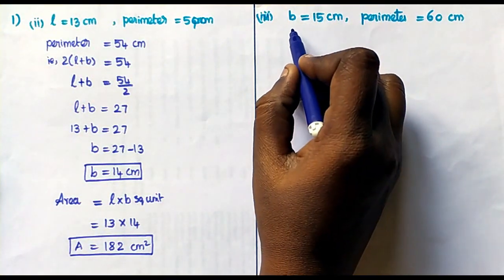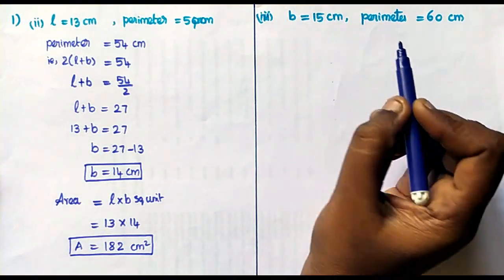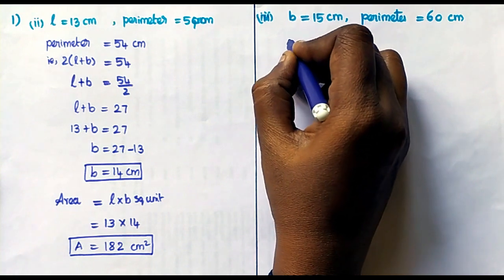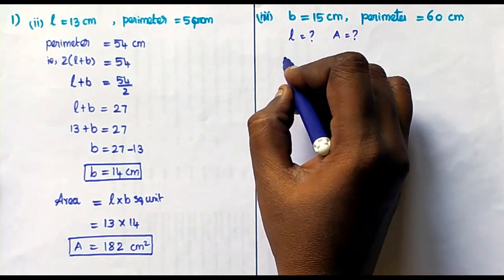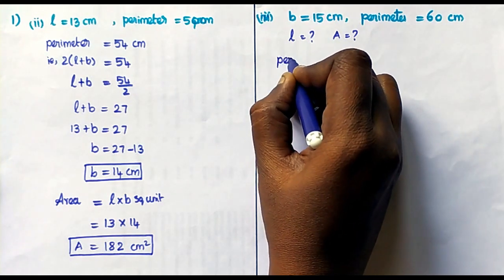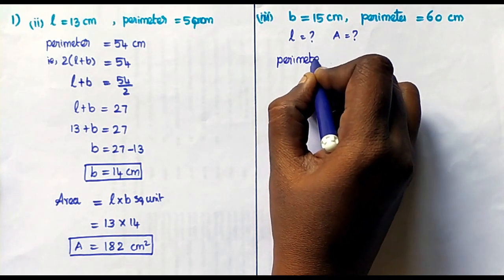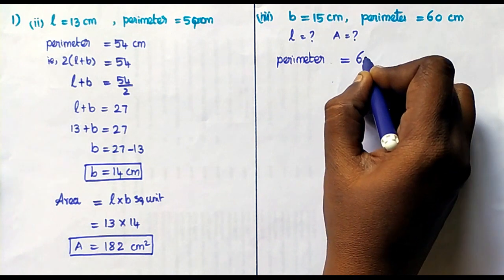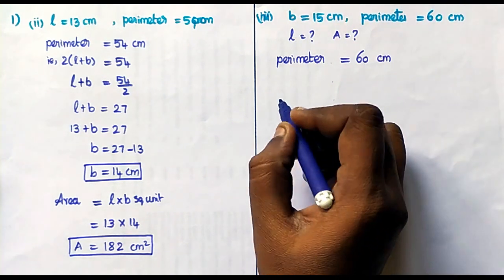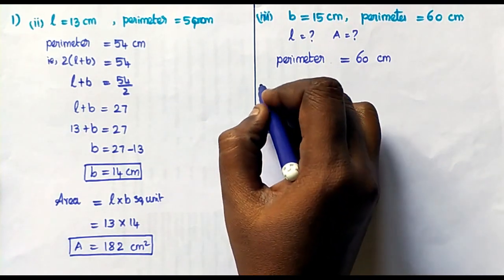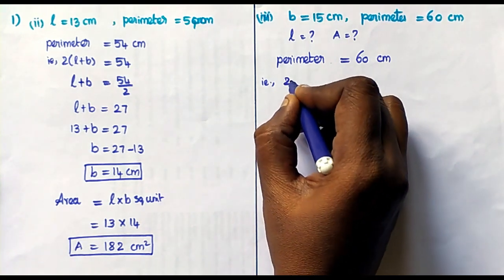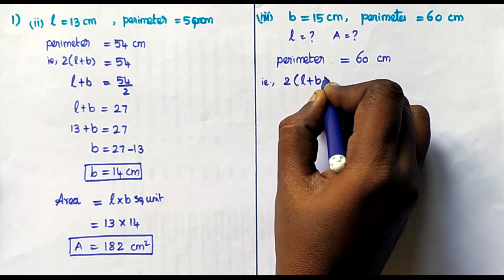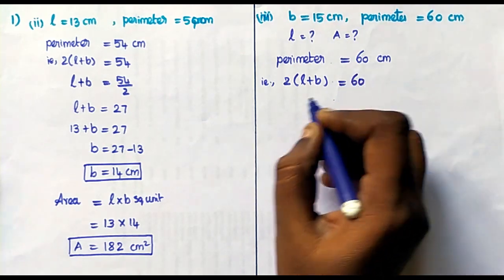Third subdivision, they have given the breadth and perimeter, we have to find out length and area. So listen, they have given perimeter equal to 60 centimeter. Instead of perimeter we apply the formula, that is 2 into (L plus B) is equal to 60.